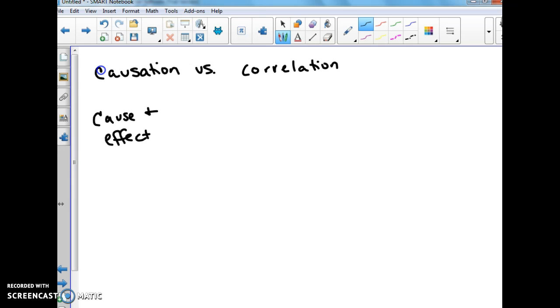So, for instance, something that we always talk about when you're looking at collecting data and looking at causation versus correlation. A correlation is a likelihood. So a causation, a great example is if I eat over 2,000 calories, I am going to gain weight.